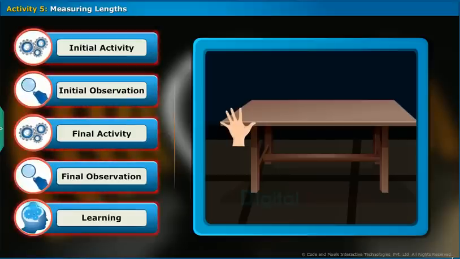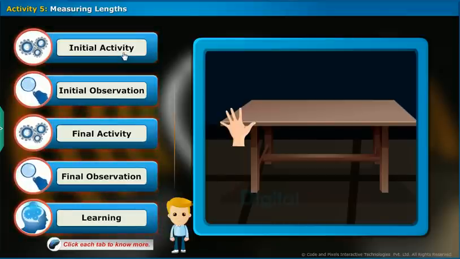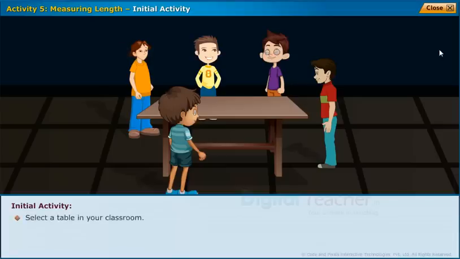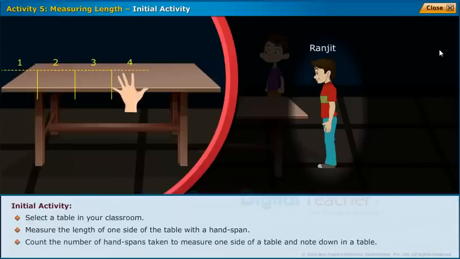Now, let us perform a simple activity to measure the length of a side of a table. Click each tab to know more. Select a table in your classroom. Measure the length of one side of the table with a hand span. Count the number of hand spans taken to measure one side of a table and note down in a table.